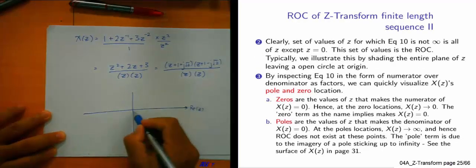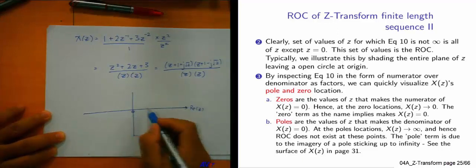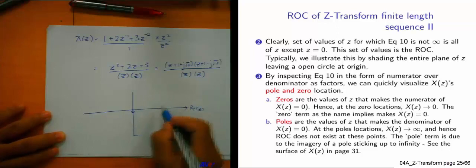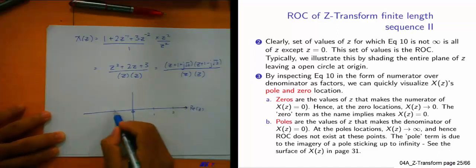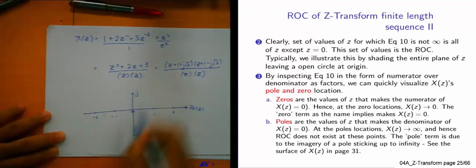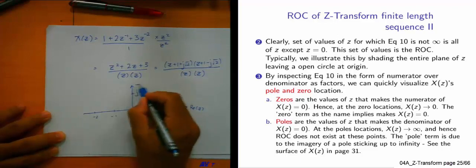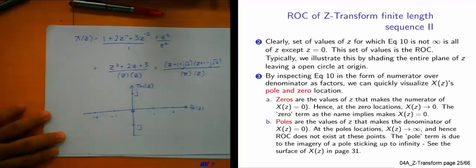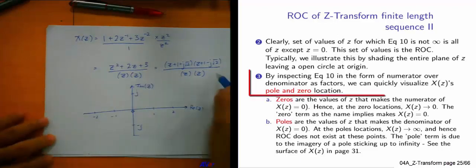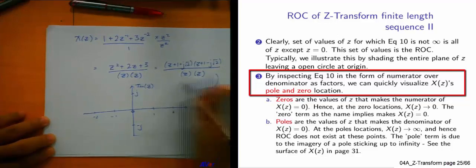In the middle is 0. This guy is 1, this guy is 2, minus 1, minus 2, this guy j, this is minus j. This is the imaginary axis of the z plane. And now I want to draw the pole-zero diagram.